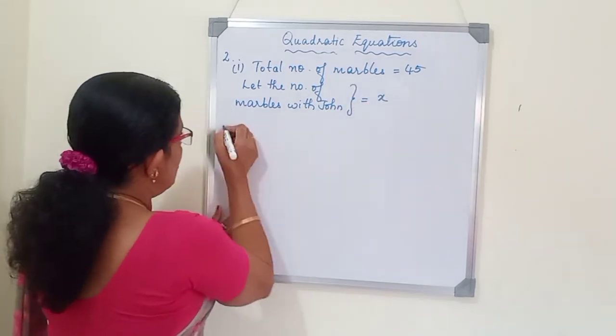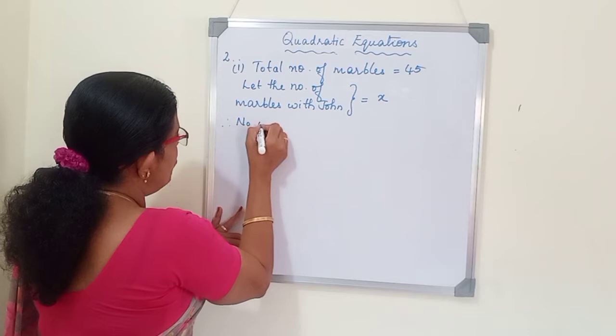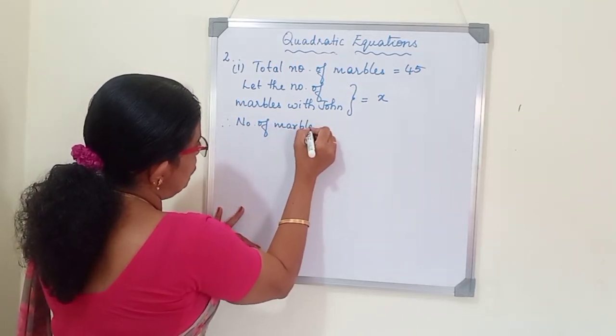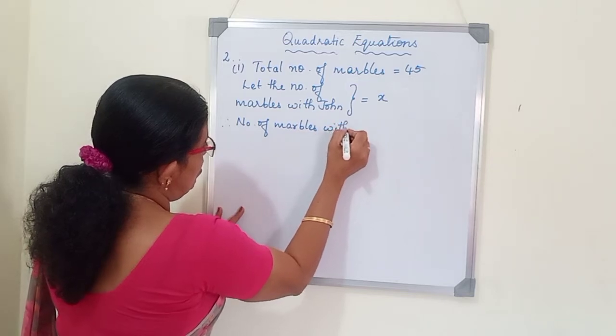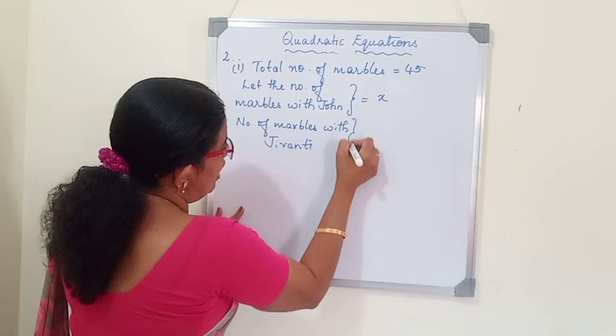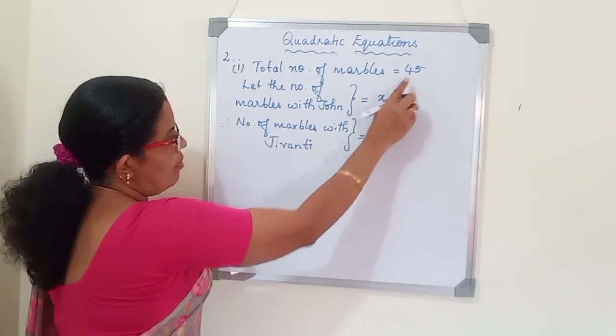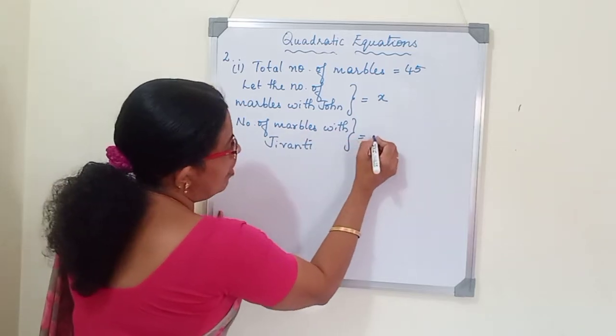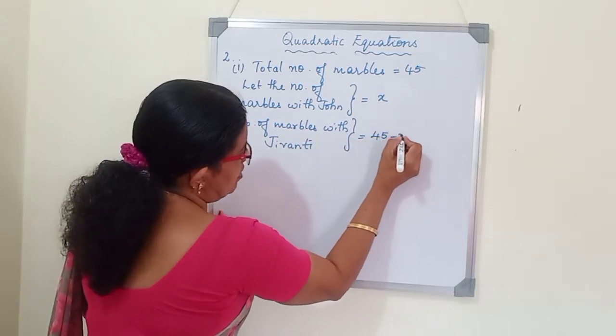Therefore, number of marbles with Jeevanti equals totally 45 marbles, John having x marbles. So how many marbles she will have? 45 minus x.